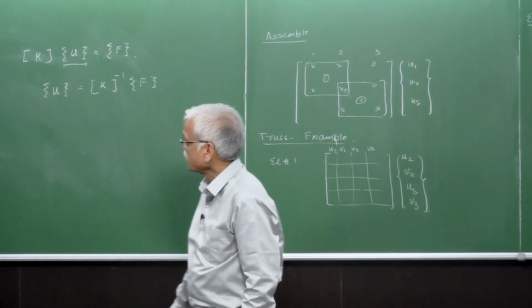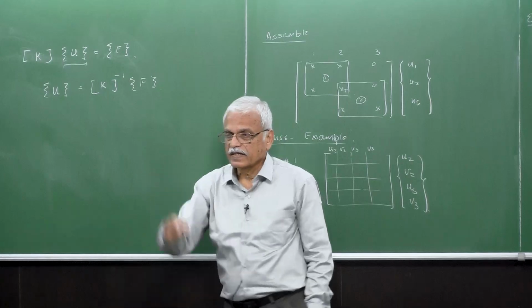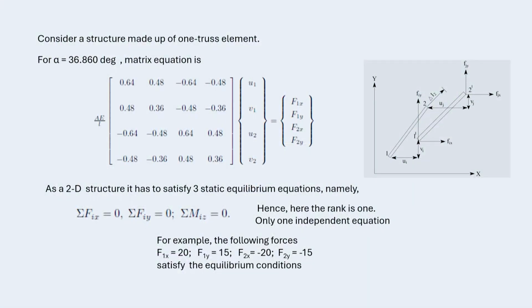So that comes from the fact here that, as the PPT displayed here, that 4x4 matrix is coming from structures, right? So any static structure which is under equilibrium has to satisfy 3 equilibrium conditions, right? So that means that the total force in the x direction should be 0.